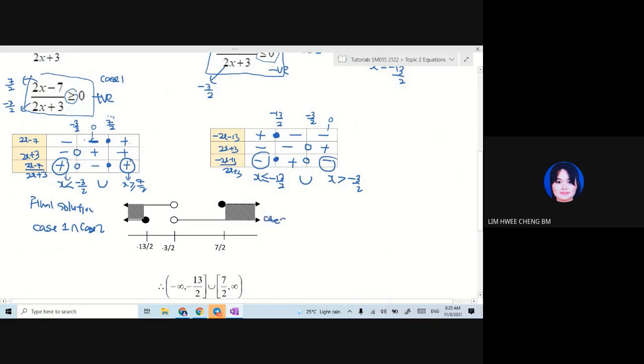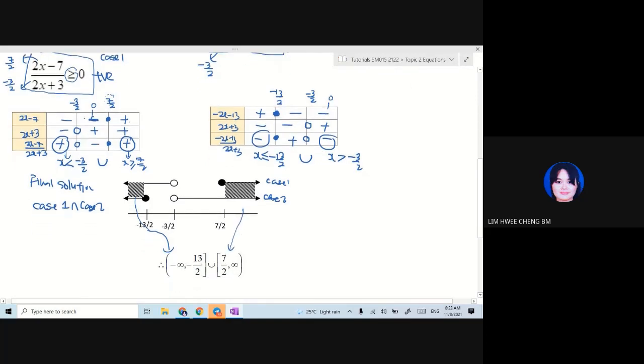You just simply do the number line and find the intersection part. So this should be the final answer. This region is less or equal than minus 13 over 2 and this region is greater than 7 over 2. Okay, this is the interval notation.